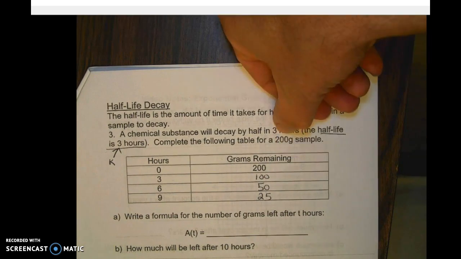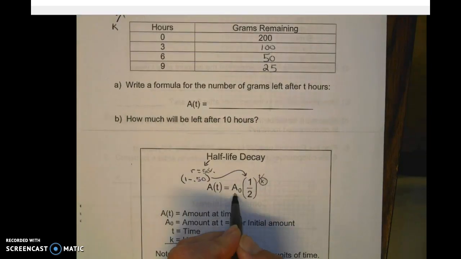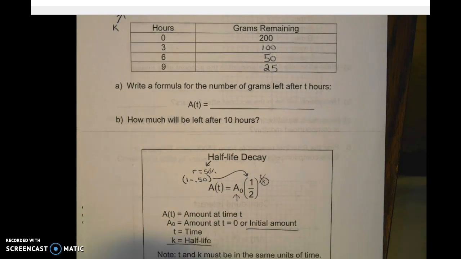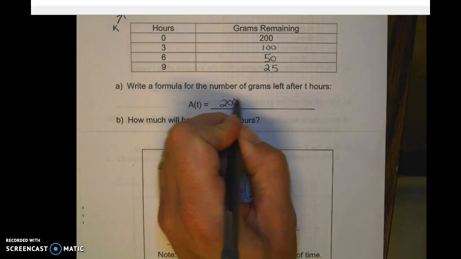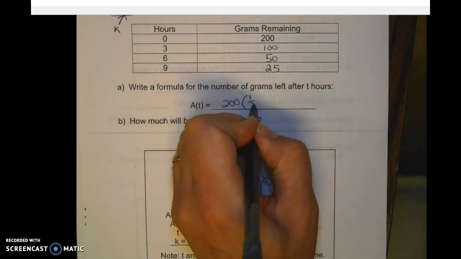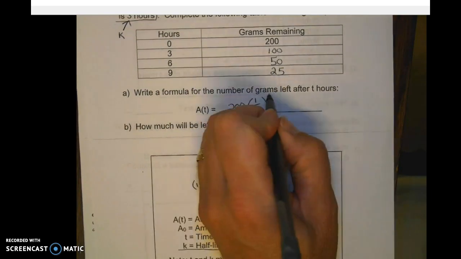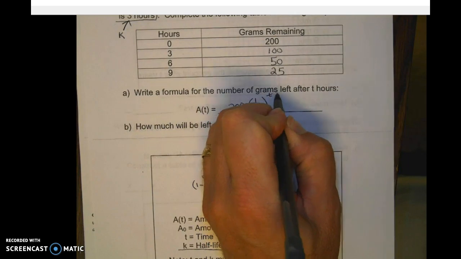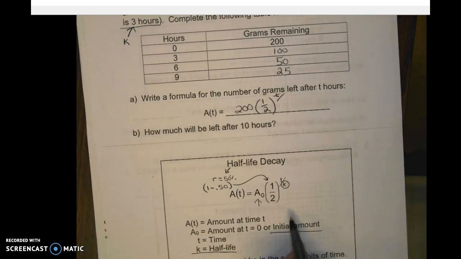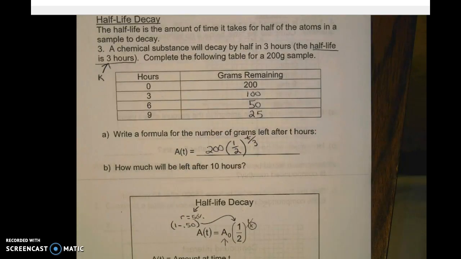So we're starting off with 200. So that's going to be our initial amount, our starting amount. It's decaying by a half. And then we just raise it to time over our half-life, which is, in this case, 3 hours.